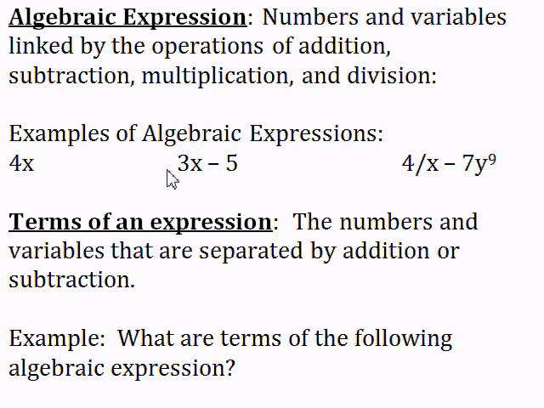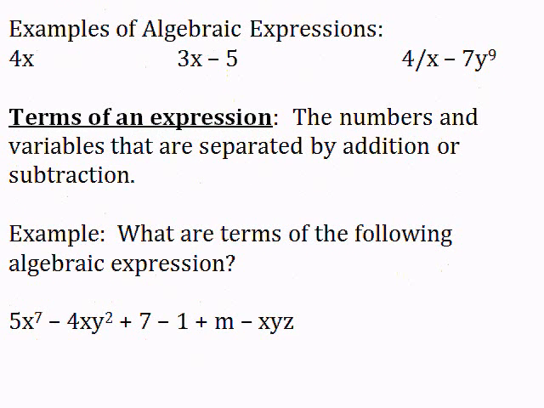In this case, we have two different terms linked by subtraction, the 3x and the 5 linked by a negative sign, 4 divided by x minus 7y to the 9th. All of these are algebraic expressions because they're numbers and variables that are linked together through addition, subtraction, multiplication, and division. They do not have to contain all of the operations, just one.